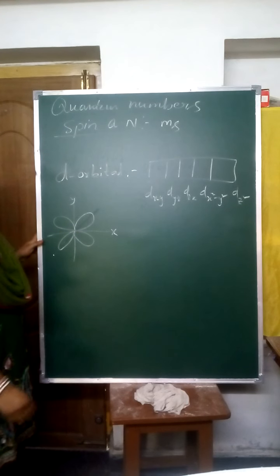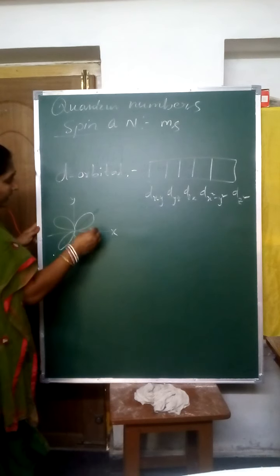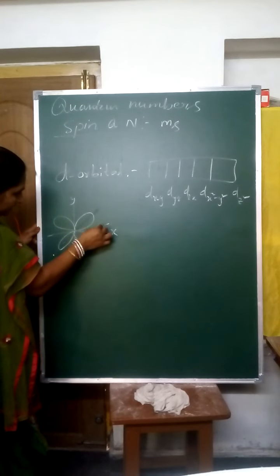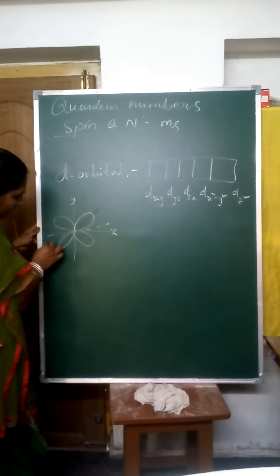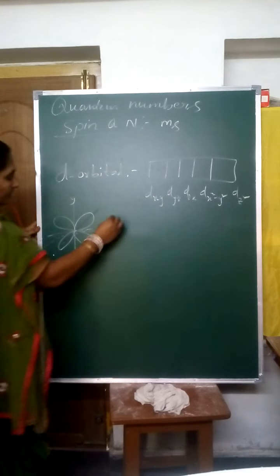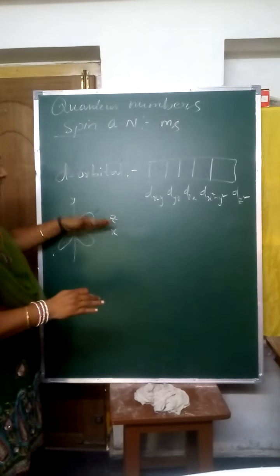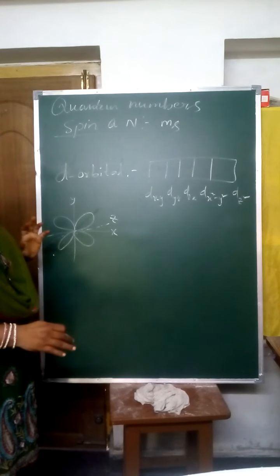Draw the loops, loop like this. And z is there, no? Draw z like these lines. That means we left z. It indicates that we left z.